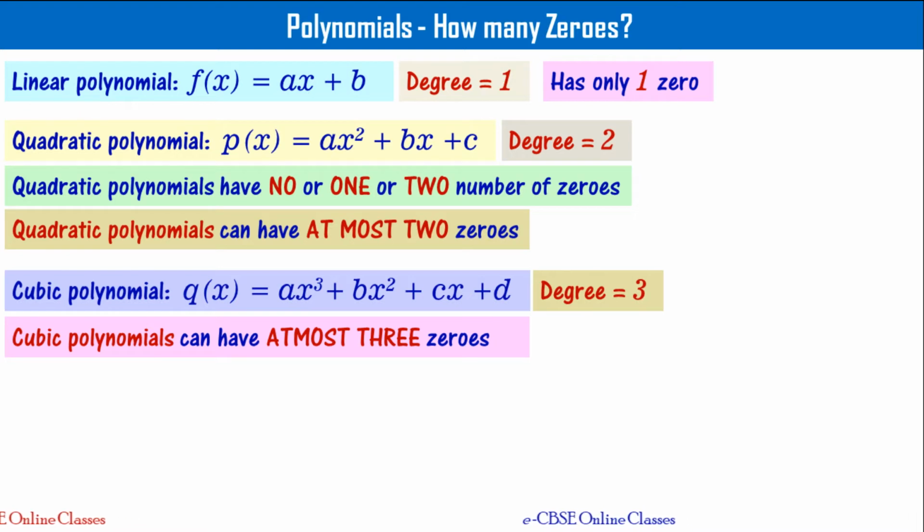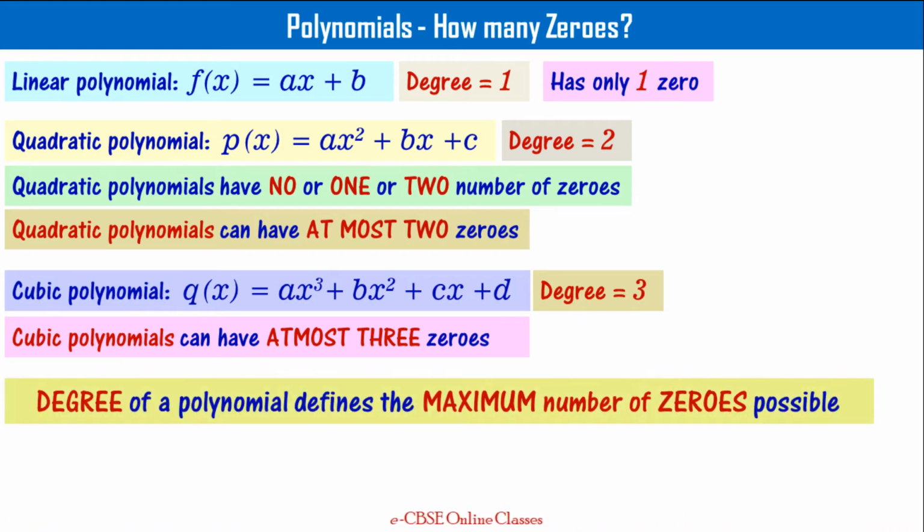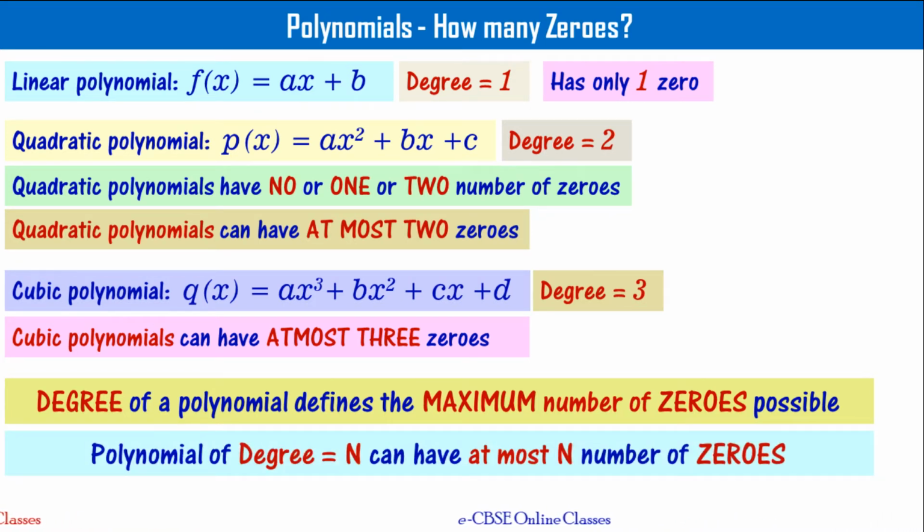When you read all these statements, you understand that there is a relation between degree of the polynomial and the maximum number of possible zeros for a given polynomial, right? So we can say that degree of polynomial defines the maximum number of zeros possible. Once you said that, a polynomial of degree equal to n can have at most n number of zeros.